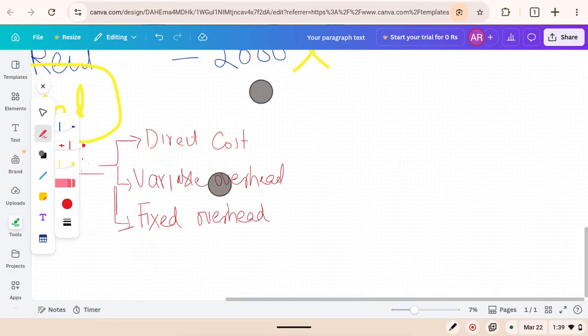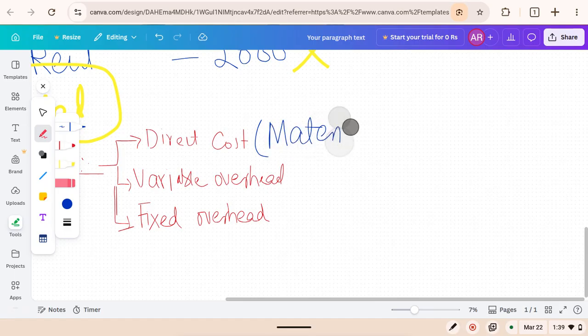In direct cost, only direct materials and labor that is directly involved in production is direct cost.